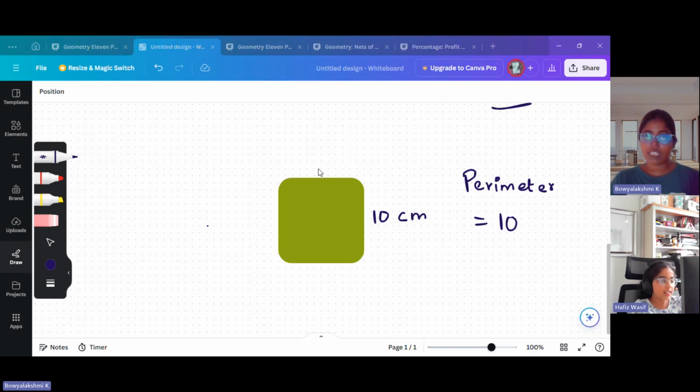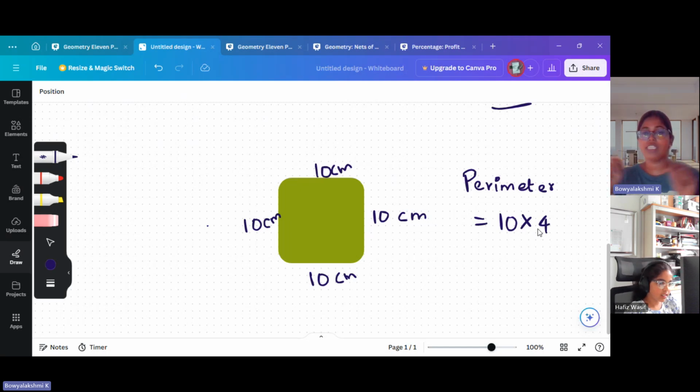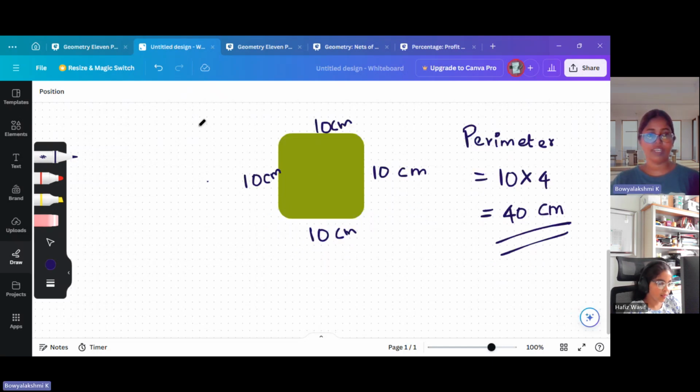In a square, all the sides are the same, 10. How many 10s can I see? 4. Great. So perimeter means count the number of sides and multiply by the side. So 4 times 10, 40. And what unit? Just copy the unit. No need to add square here. Just centimeter. And we got it, right? Okay.